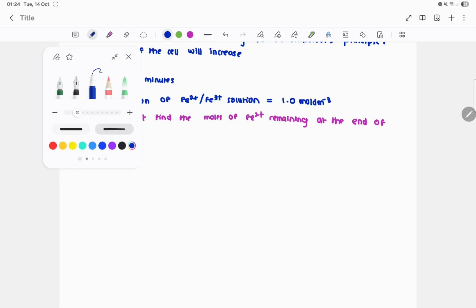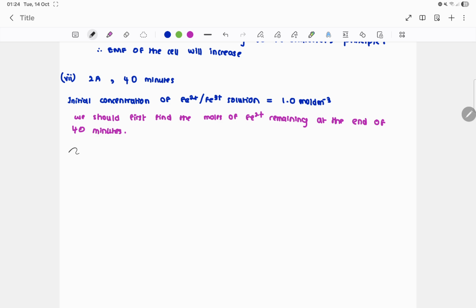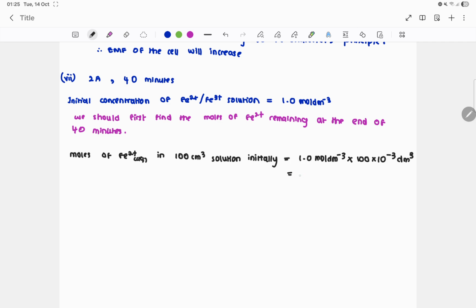Now in this case, if we consider 100 cubic centimeter, the moles of Fe2+ in 100 cm3 of solution initially equals 1 mol dm^-3 into, the volume is 100 into 10^-3 dm3, which equals 0.10 moles.